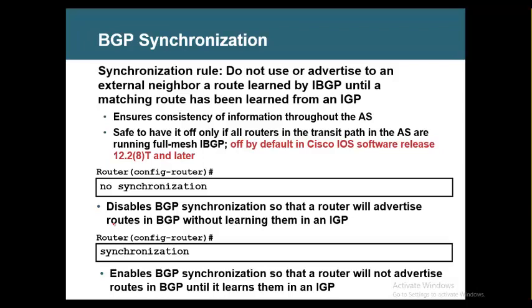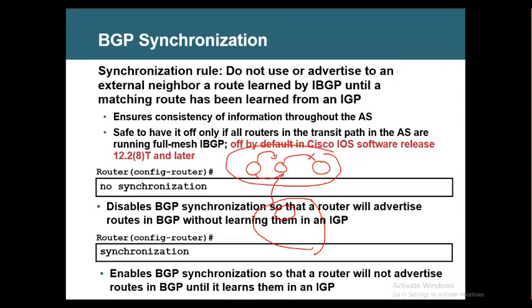Listen. A route learned from one IBGP should not be given to another IBGP. That is different from the route learned from an IBGP should not be given to an EBGP. This is a different rule.